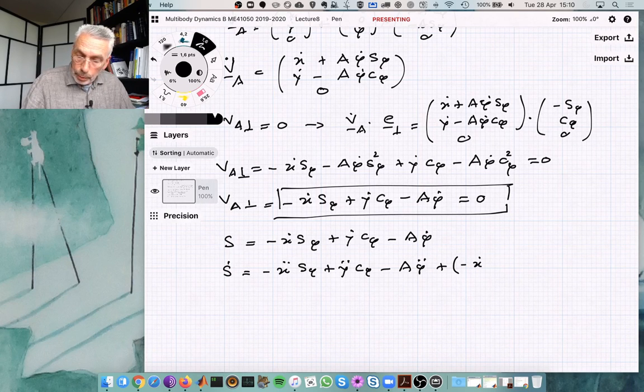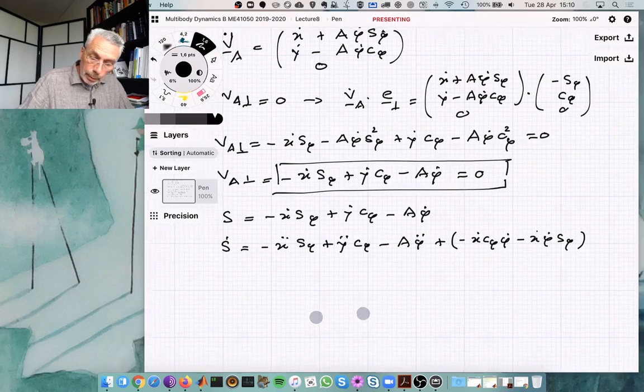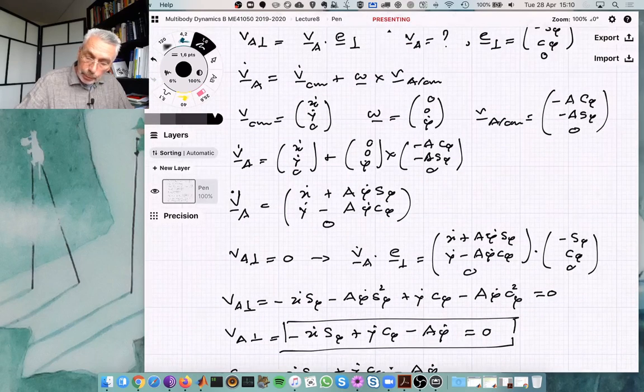Minus x dot cosine phi phi dot. Then the second one is minus x dot phi dot sine phi, and that's it.